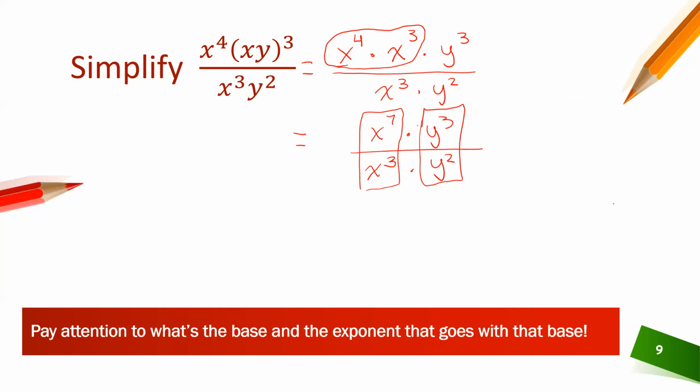Here's another division problem. And when I divide exponential expressions with the same base, I keep the base the same and I subtract the exponent. So that gives me 4 as an exponent and the base is x, multiplied by, here, dividing exponential expressions with the same base, I'm going to keep the base the same, subtract the exponent, and that gave me 3 minus 2 is 1, but I really don't need to write a 1. That's just one copy of y, which is y.